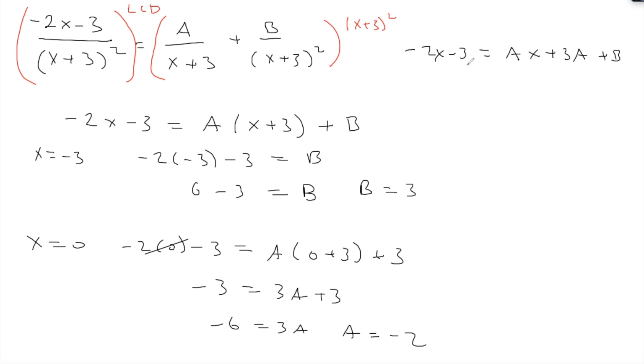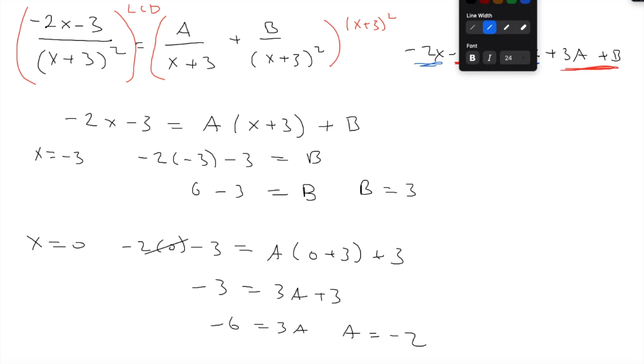So if I do that, that means that right here, the negative 2x matches up with the ax, and the negative 3 matches up with the 3a plus b. This isn't terrible, like I said, because we only have 2 equations with 2 unknowns. On lots of them, though, this will go to 3 equations with 3 unknowns, and so that's why this might be better. So here, I'll set up that system.